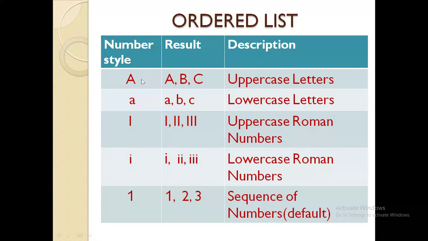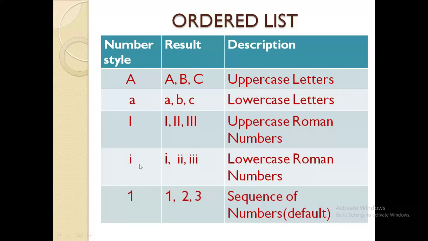If we use type capital A, then the result will come as A, B, C in uppercase letters. If you use a small a, then your list will appear as a, b, c in lowercase letters. Capital I is Roman numbers, so uppercase Roman numbers will appear.